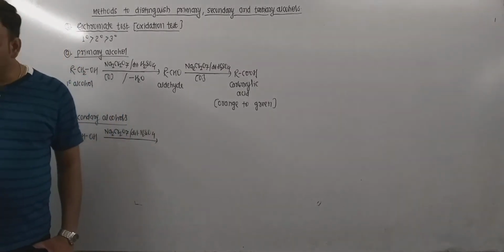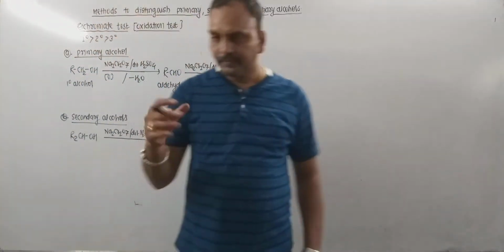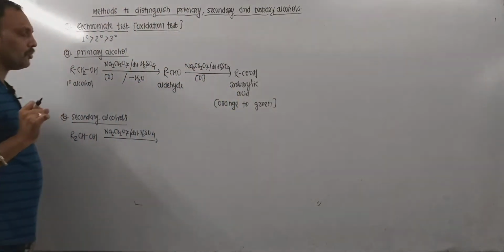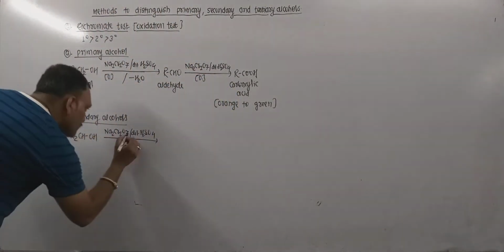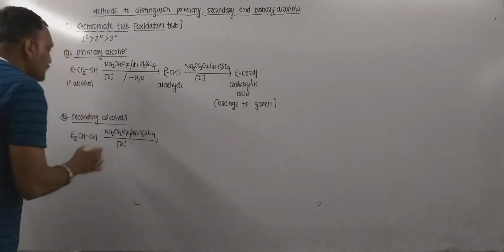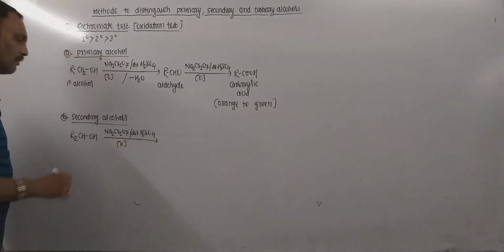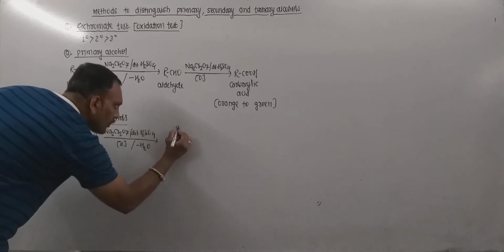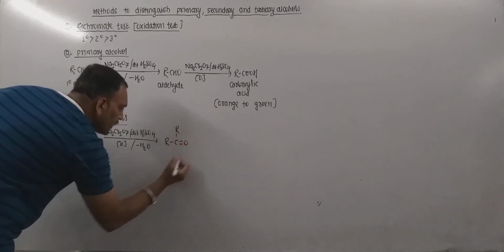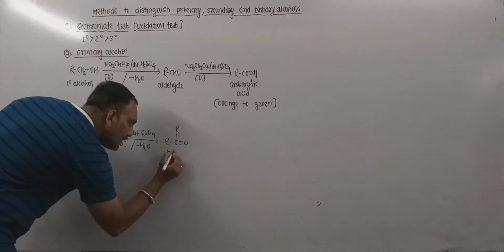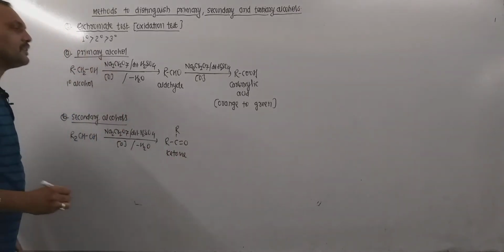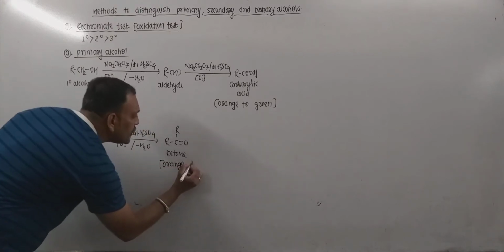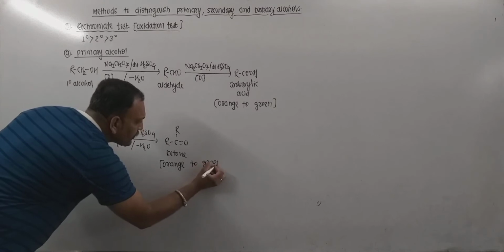Remember, instead of using acidified sodium dichromate, one can use acidified potassium dichromate also. So what happens? This undergoes self reduction providing nascent oxygen, which in turn attacks the site, thereby departure of water takes place, and that leads to the formation of the first oxidative product, that is ketone. Now right here the visible change is also the same, that is the orange color of the solution changes to green.